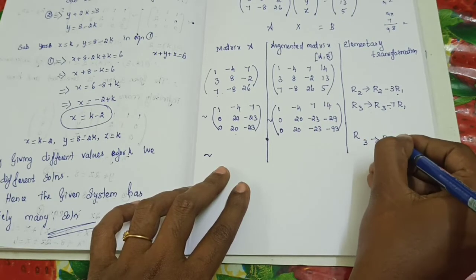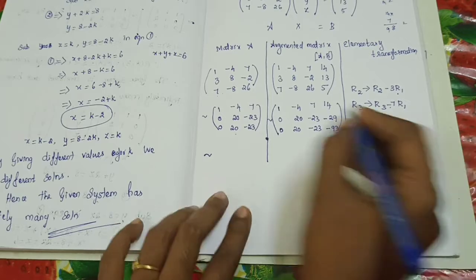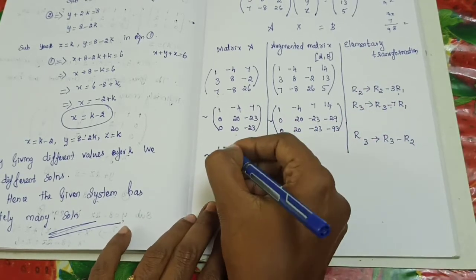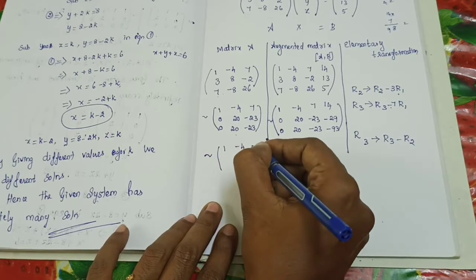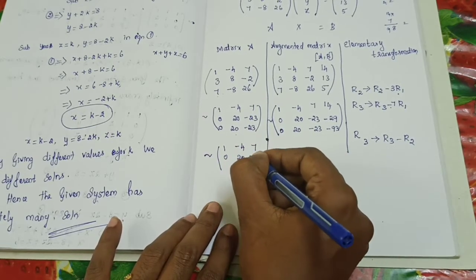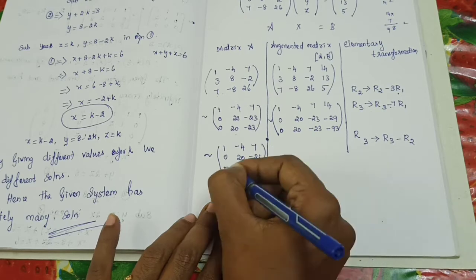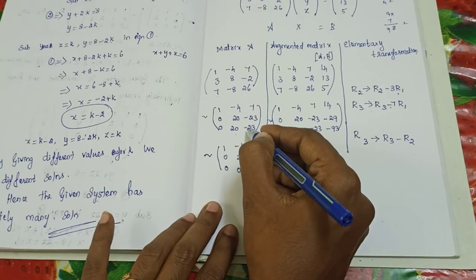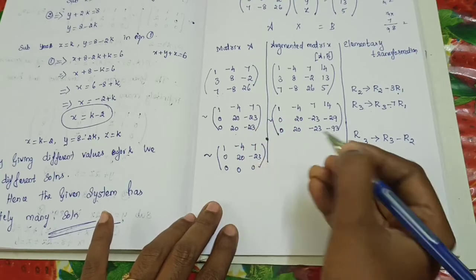R3 implies R3 minus R2. Seeing this itself you come to know, is it right? If we subtract, we will get a 0. So 1 minus 4, 7, 0, 20, minus 23. This one 0. 20 minus 20, 0. Minus 23, minus of minus plus. So this will become 0.